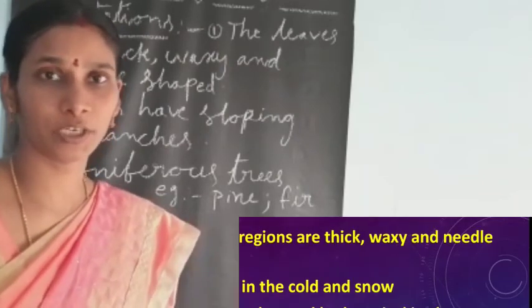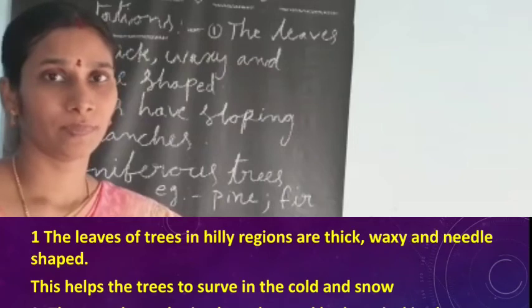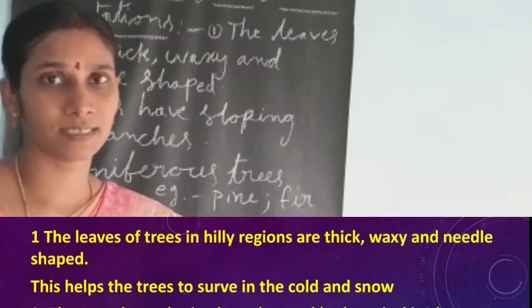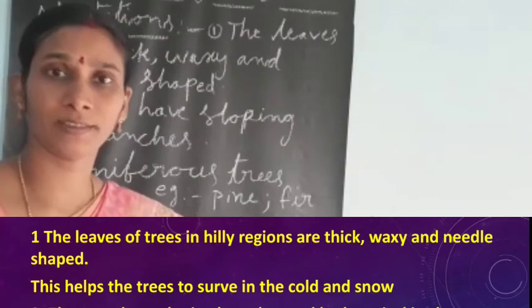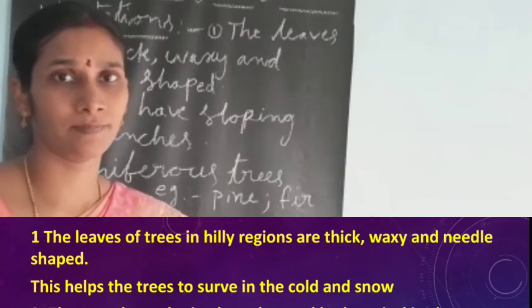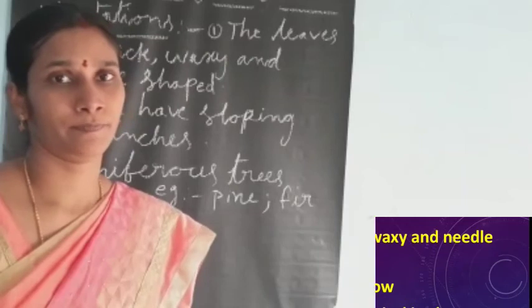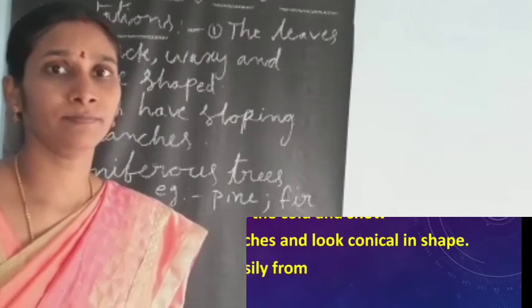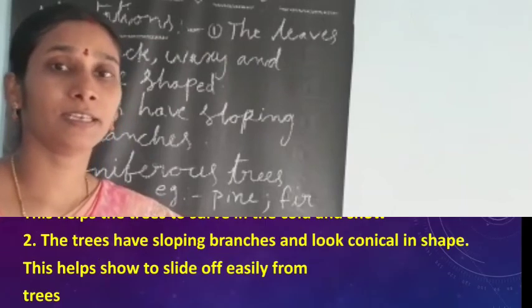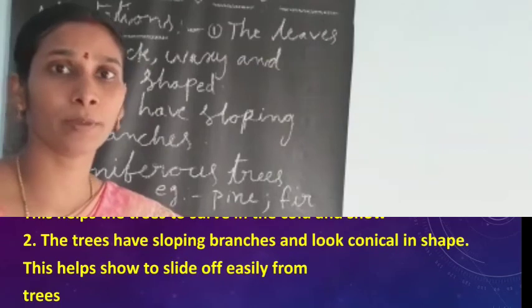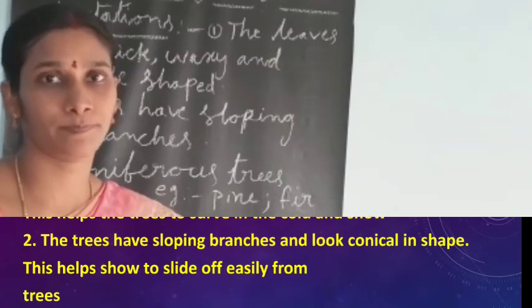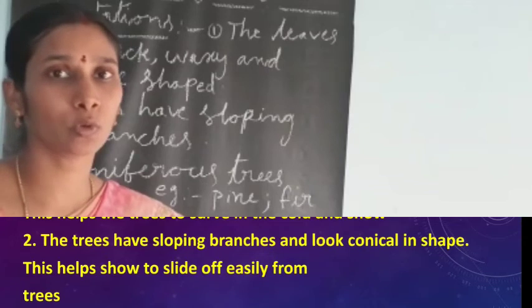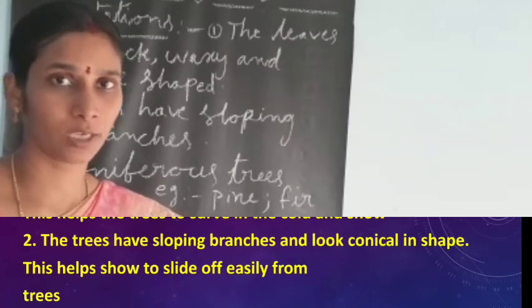What are the adaptations? First, the leaves of the plants which grow in hilly regions are very thick, waxy and needle shaped. Second, the trees have sloping branches and look conical in shape. Conical means cone shaped.